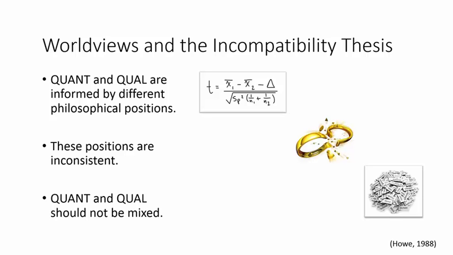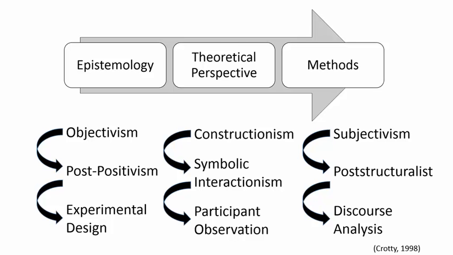The incompatibility thesis also pulls from this idea that much of what we do is informed, whether we recognize it or not, by these underlying philosophical stances or assumptions. I may not even be aware of some of the assumptions that I make, so they might be more tacit rather than explicit.